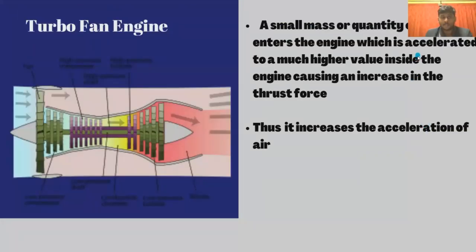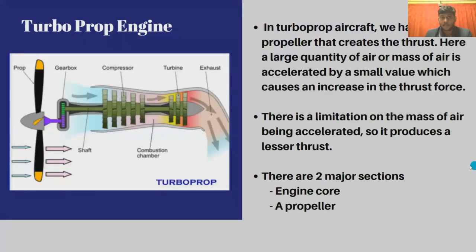Let's see how the turbofan engine works with the principle of thrust. A small mass or quantity of air enters the engine and is accelerated to a much higher value inside the engine, causing an increase in the thrust force. The thrust can be increased by increasing the acceleration of air.